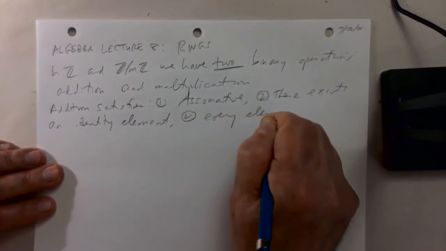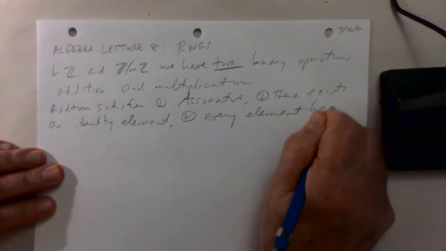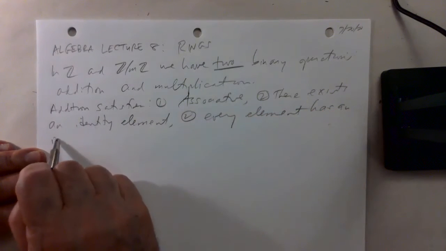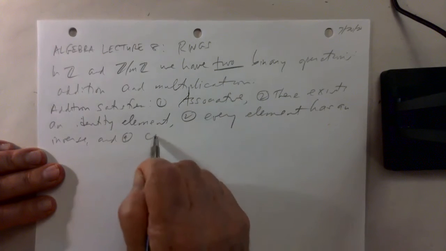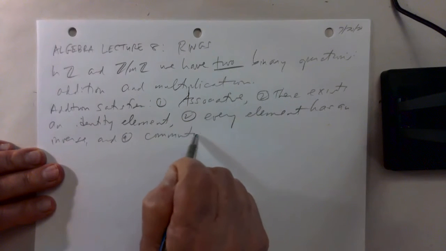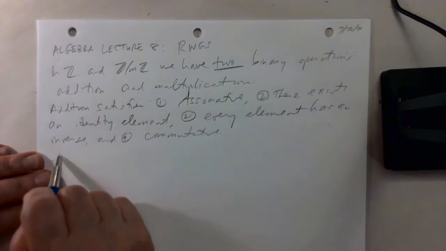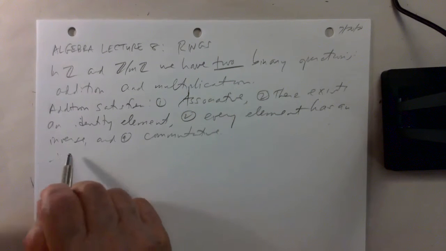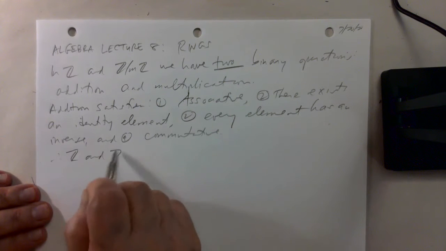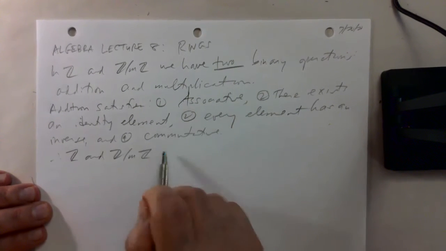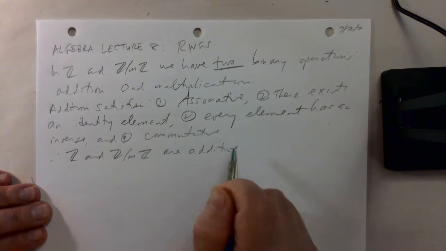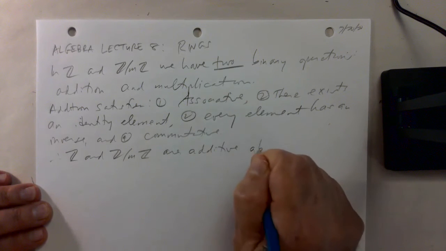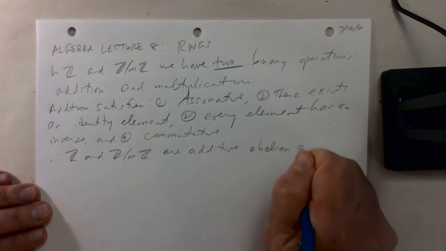Every element has an inverse, and addition is commutative. So therefore, Z and Z mod MZ are both additive abelian groups.